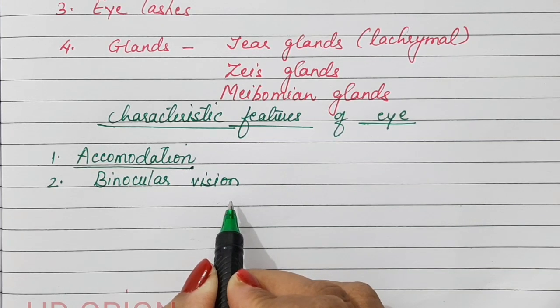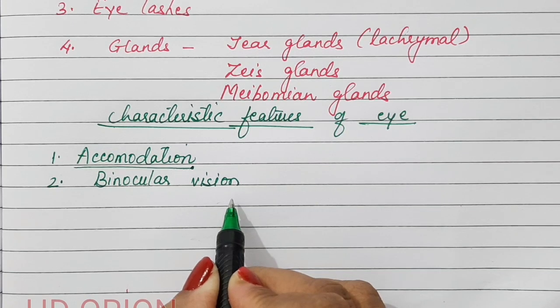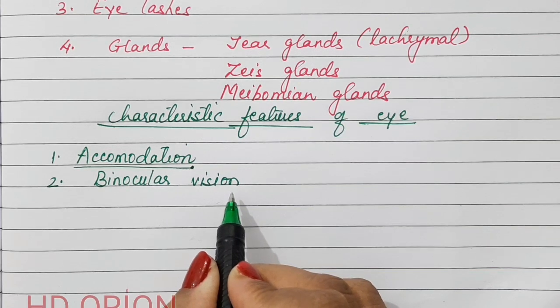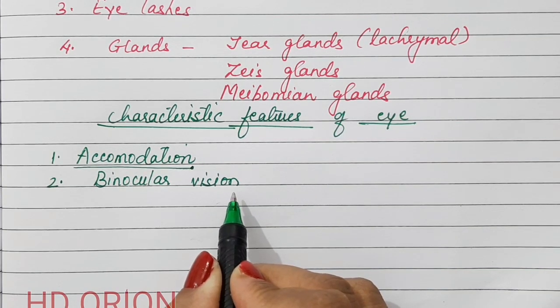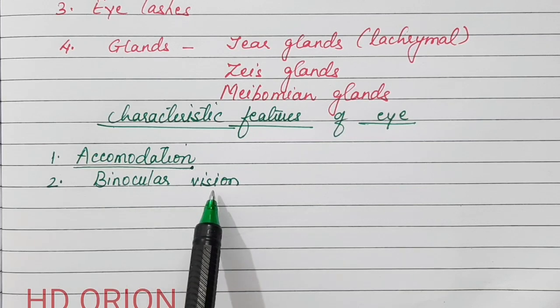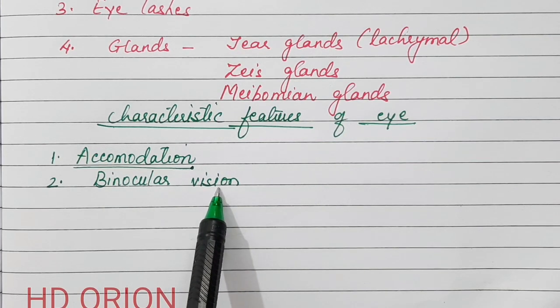While in monocular vision, in other mammals like cattle, you see that one eye is on one side of the head and the other eye on the other side. So they are able to see only one object through one eye. That is what is called monocular vision. But the human eye has binocular vision.